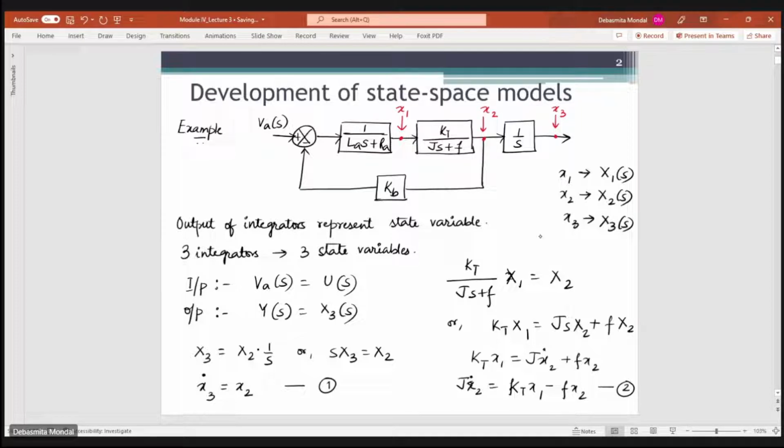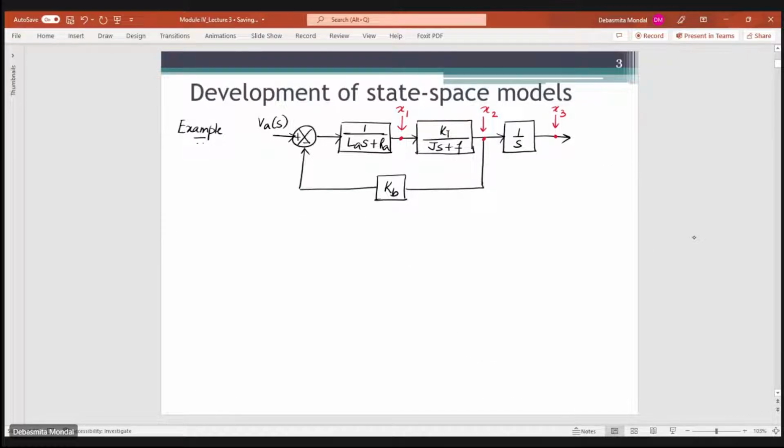Similarly, for this one you will have x1. So 1 by (LA s plus RA) multiplied by (VA minus x2 into KB) will be equal to x1, right? So we'll write the equation again: x1 is basically equal to 1 by (LA s plus RA) multiplied by (VA minus KB into x2). From here you can simplify: LA into s x1 plus RA into x1 is equal to VA minus KB into x2, right?